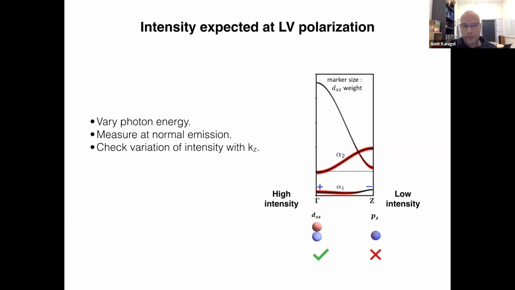We measure only at normal emission and along the gamma-X, as I said, where we expect that the intensity will be higher at the gamma point compared to the Z point, just because at the Z point, we expect the orbital character to be mainly pz, which is not allowed at this geometry by the selection rules.